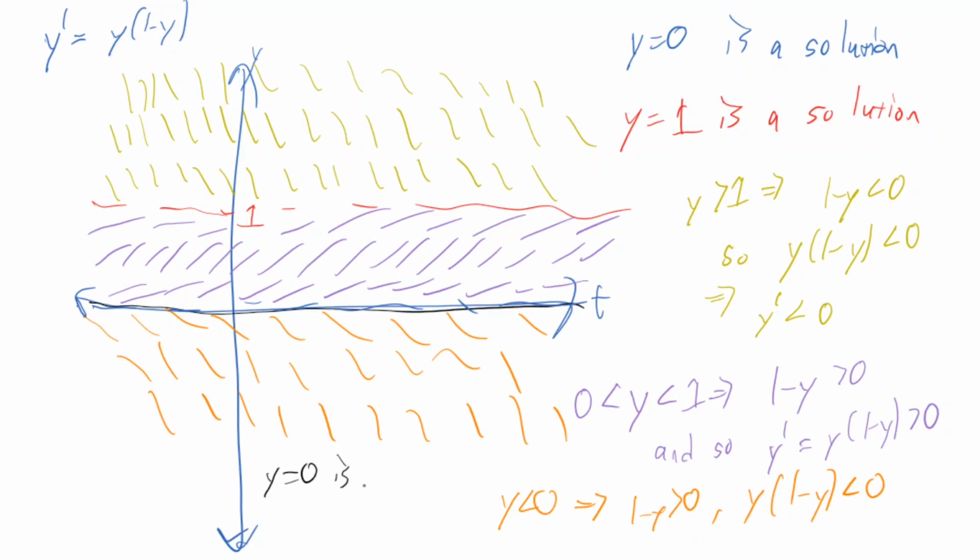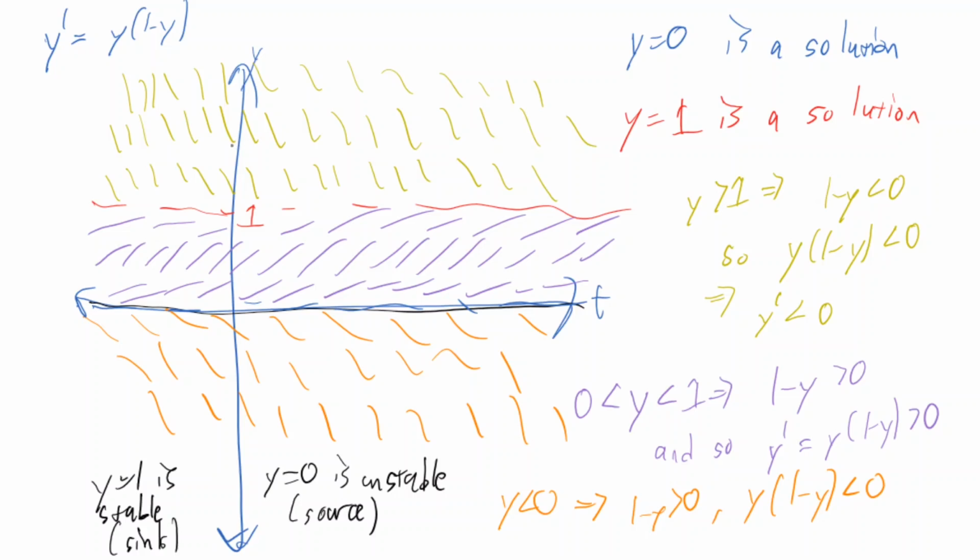In these instances, we call y equals 0 an unstable solution, aka a source, and y equals 1 is a stable solution, which is a sink. And the reason why we call them these is because if you go a little bit away from, say, y equals 0, like if y equals 0.1, then you're going to go really far away. You're going to diverge from it.